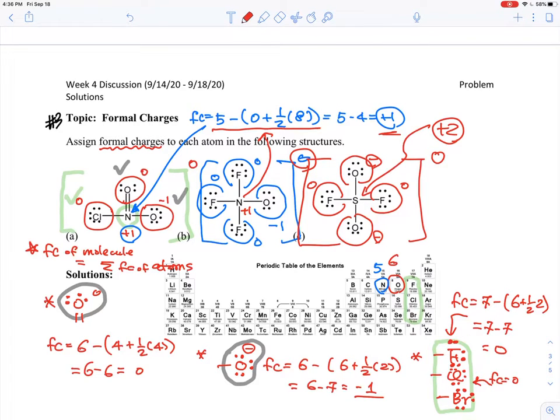But at the same time, I can do the rigorous math. For the formal charge, sulfur is right there, number 6. So 6 valence shell electrons minus lone pairs, none. Half of how many bonds? You have 4 bonds, so 8 electrons. So 6 minus 4 is 2. So plus 2 is the formal charge.